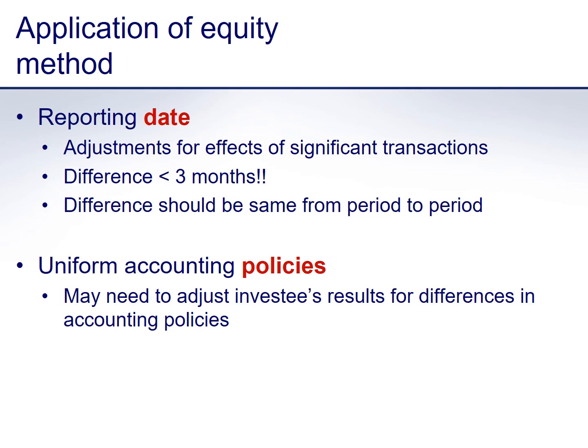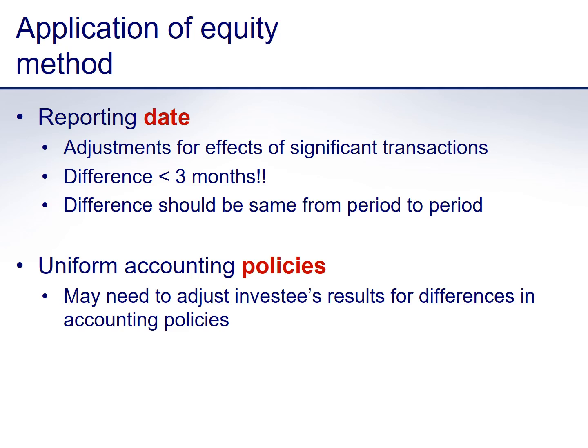Similar to consolidations, we need to use the same reporting date with a practical expedient of no more than 3 months. And similar to consolidations, we need to use the same accounting policies. So any differences between the investee's accounting policies and the investor's accounting policies must be processed as part of the equity accounting adjustments.